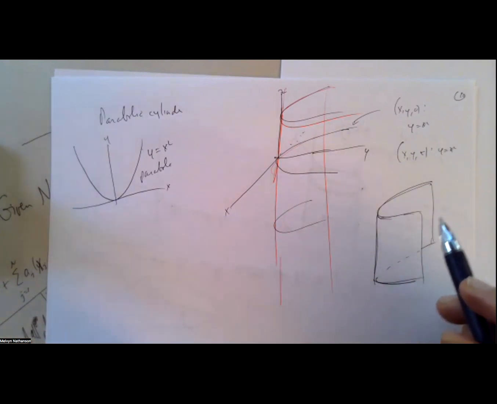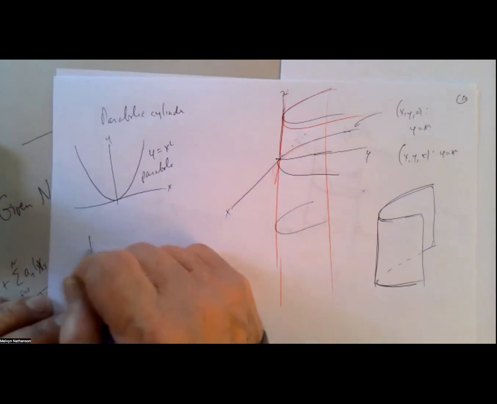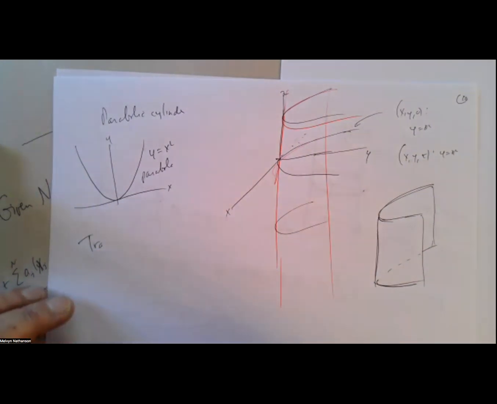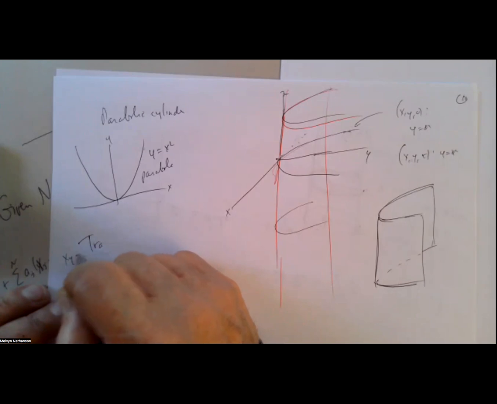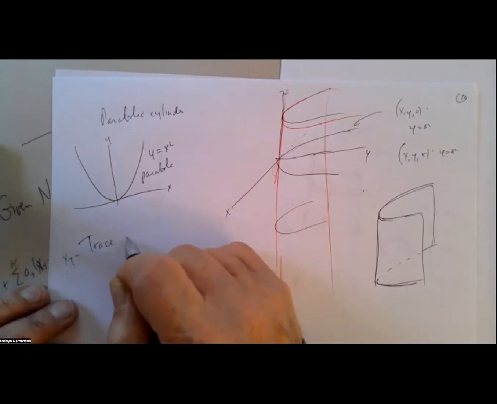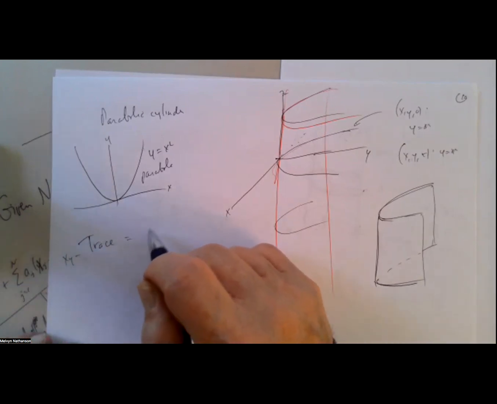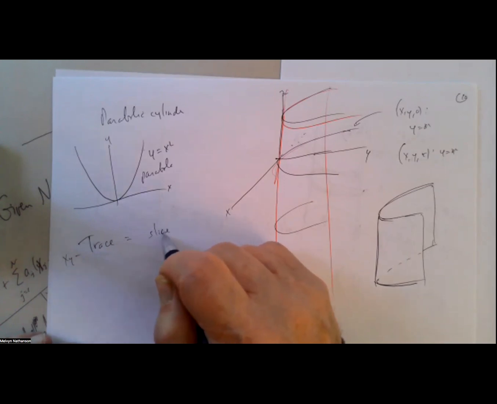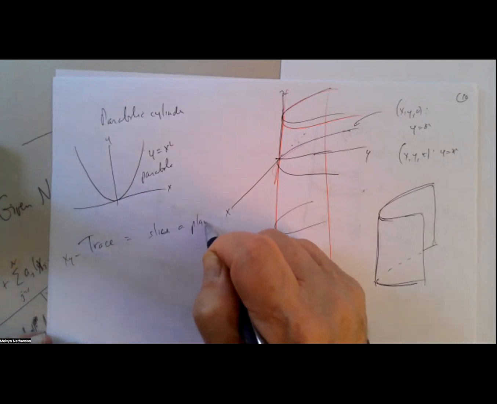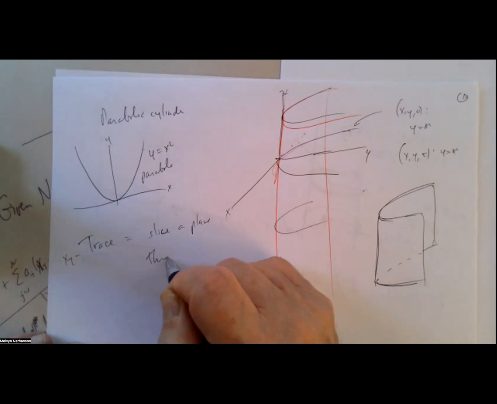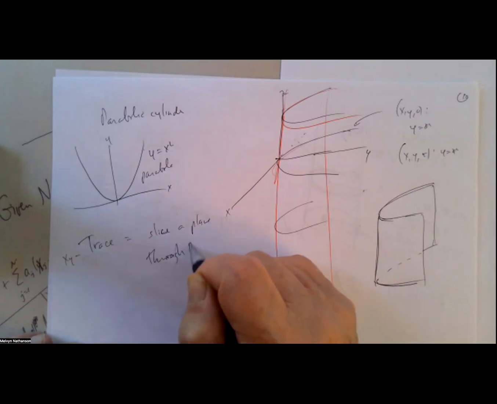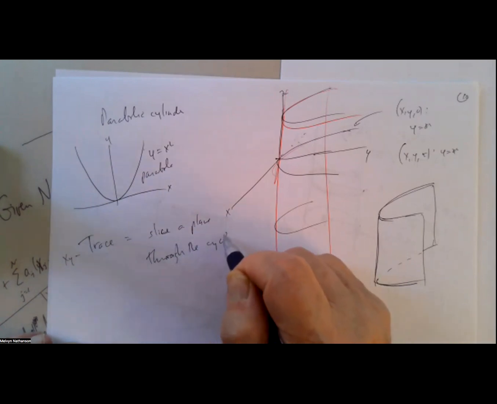A slice, what is sometimes called the XY trace, is what you get by slicing a plane through the cylinder.